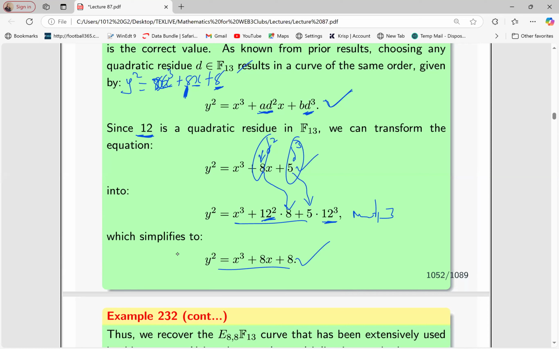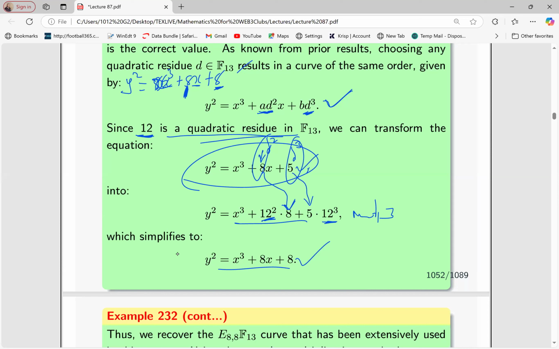But you must first of all get a curve that has 20 points. Once you get a curve that has 20 points, now do this mapping. You're just multiplying by D, a quadratic residue mod 13.